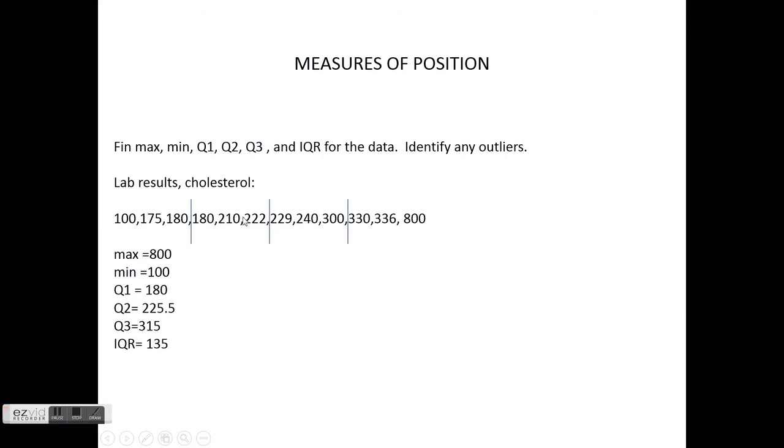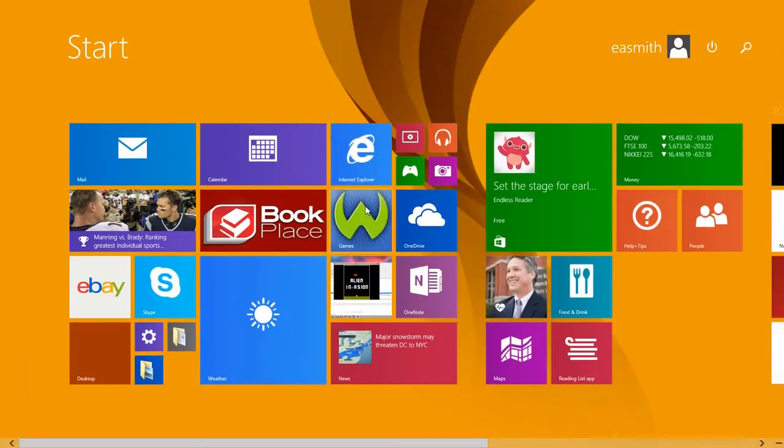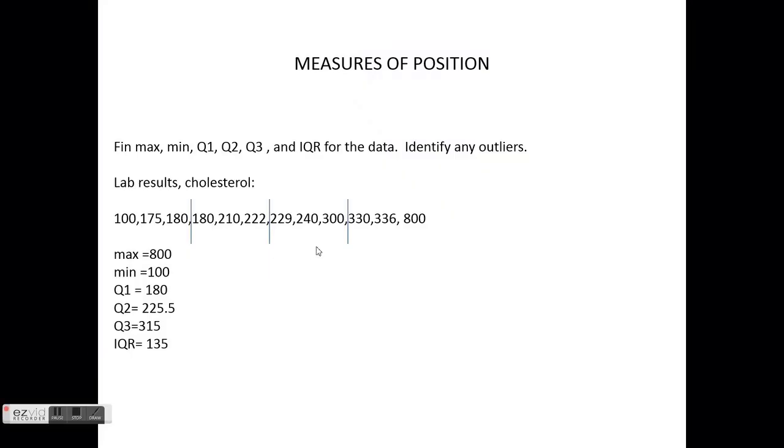The first quartile would be the median of the lower half. Now we have 6 values in the lower half, so it's going to be the average of 180 and 180, which is 180. And now the median of the upper half, that will then be the third quartile, and that is going to be 315.